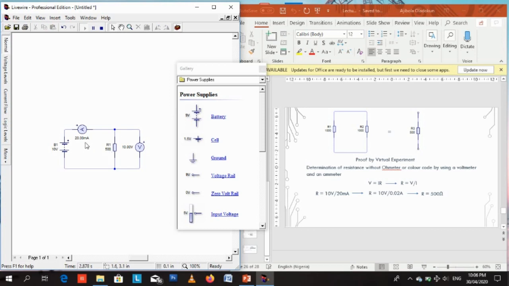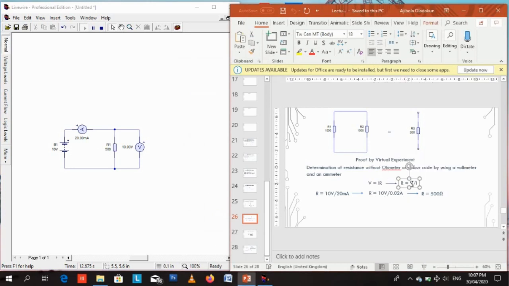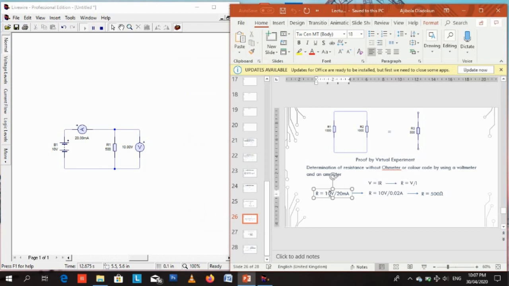So now the current through the resistor is 20 milliamps, if I can see that correctly, and the voltage across is 10 volts. I've written right here that you use Ohm's law, V equals IR, and if you rearrange it, R equals V over I. So R equals 10 volts, which is the voltage, over 20 milliamps, which is the current. 20 milliamps is 0.02 amperes.